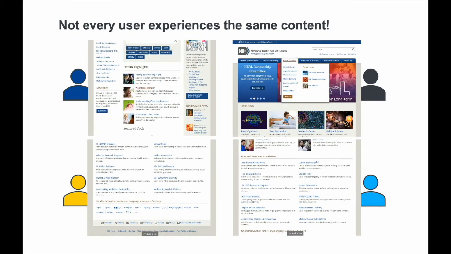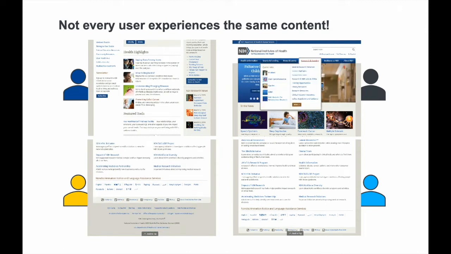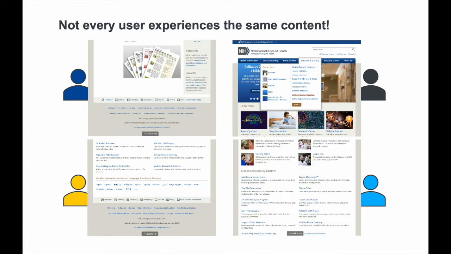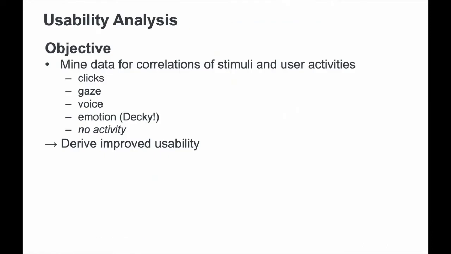We cannot simply say, okay, we have a lot of clicks or not a lot of clicks, because that's too shallow an understanding, given that what these different people see is actually very heterogeneous. So in classical usability analysis, what you try to do is mine data for correlations of stimuli. And classically, these are static stimuli.